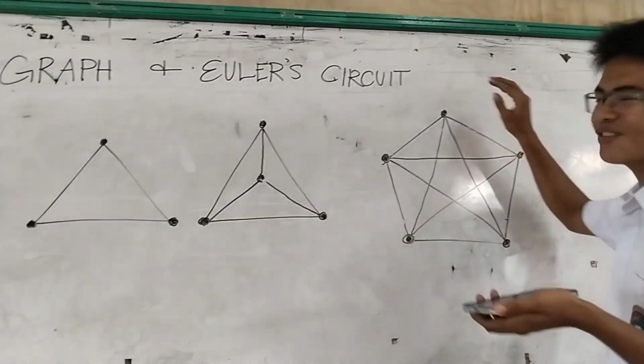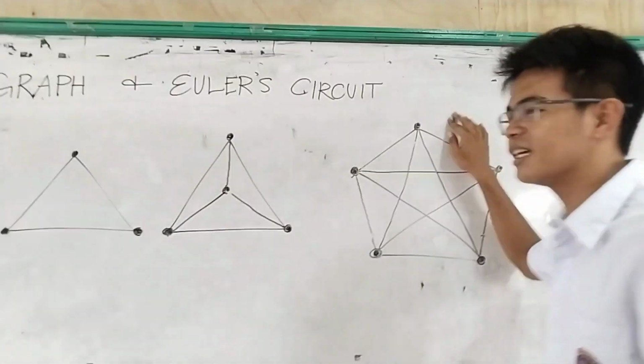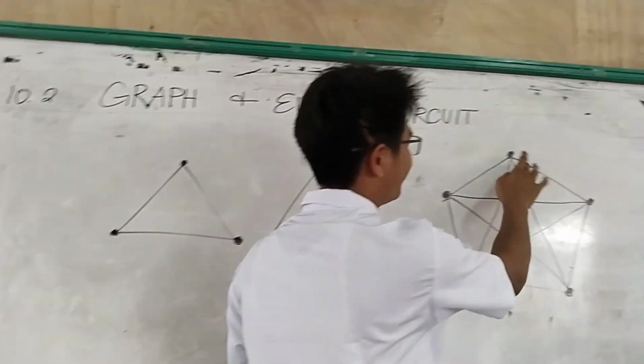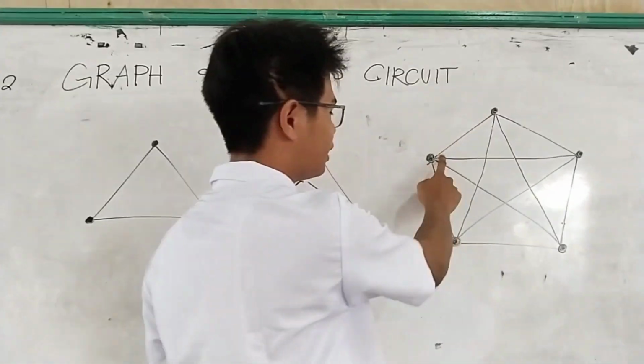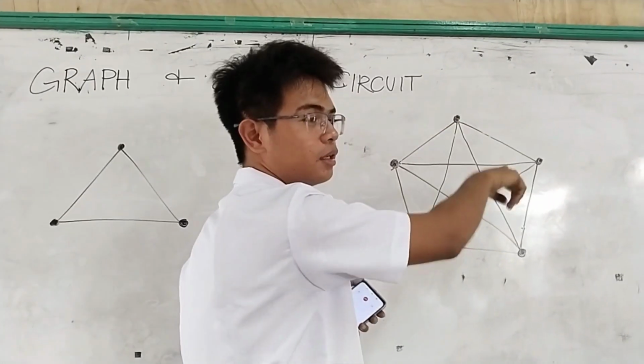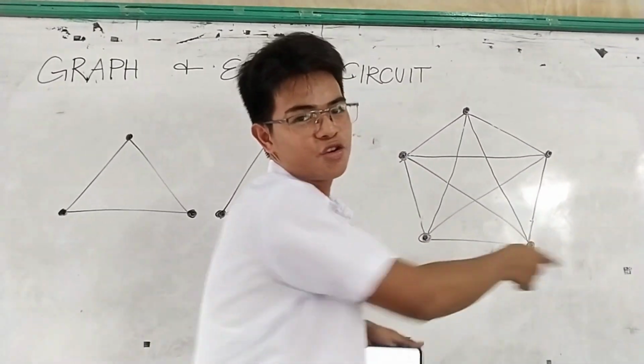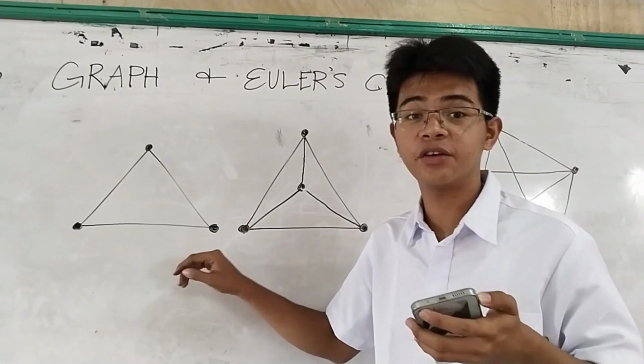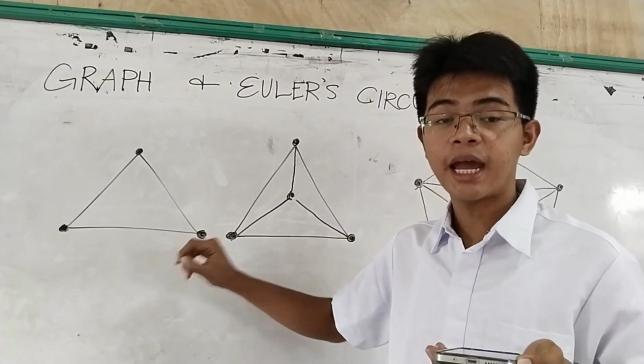As mentioned in the definition, each pair of vertices is connected. Take note that a complete graph is a regular graph of degree n minus 1.